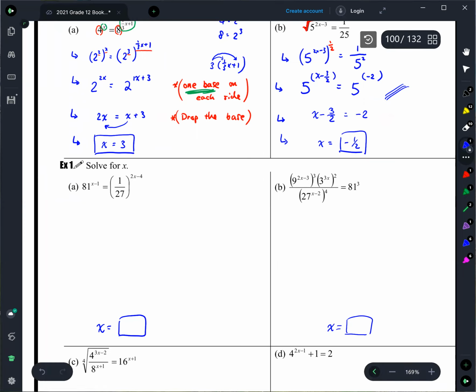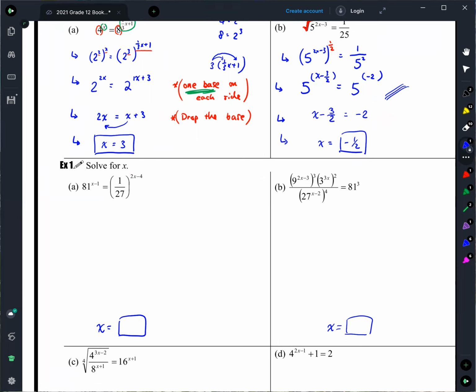Okay, let's check the base first. Okay, what should be the common base for this one? Jenny? 3. Yeah, very good.